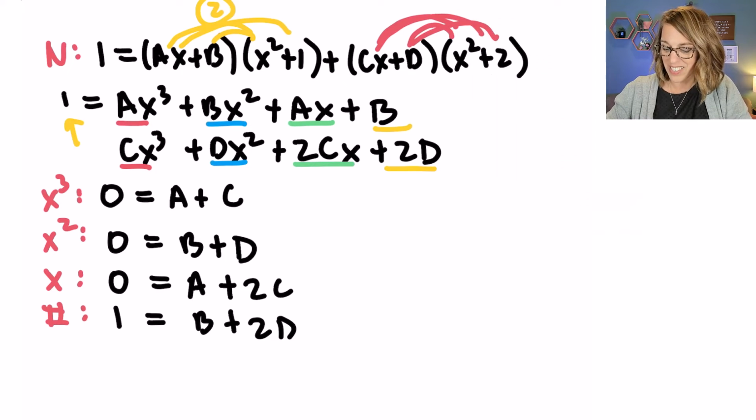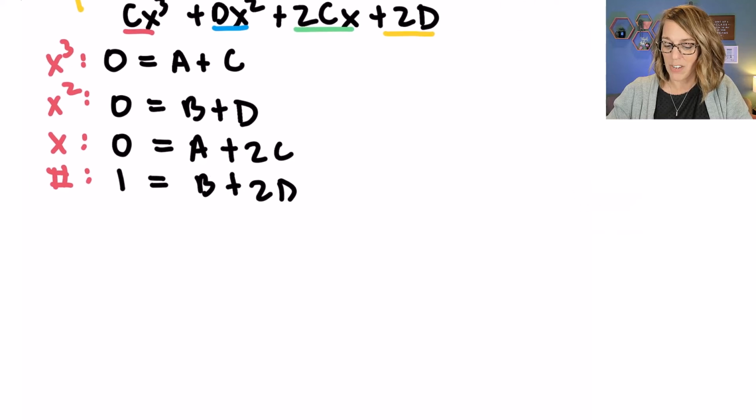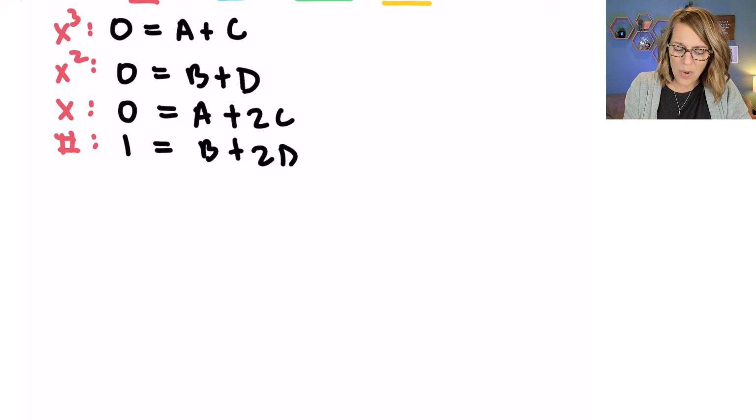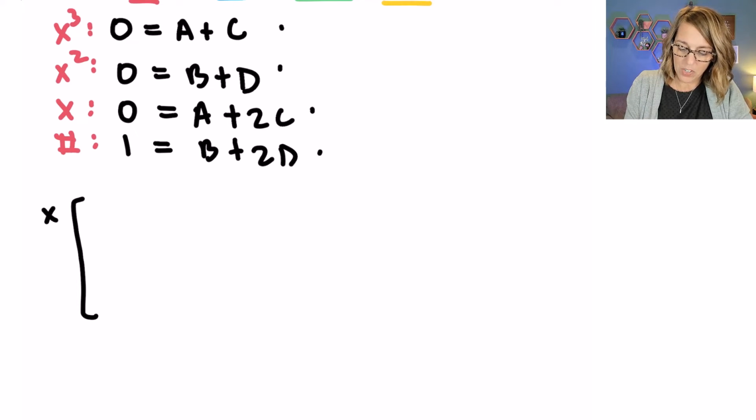I'm going to set this up into a matrix. Once you get the hang of this, it's going to save you so much time. My matrix is going to have 1, 2, 3, 4 rows to it, one for each equation. And those equations line up with my degrees, right? x squared, x to the first, x cubed I forgot, and then my constants.